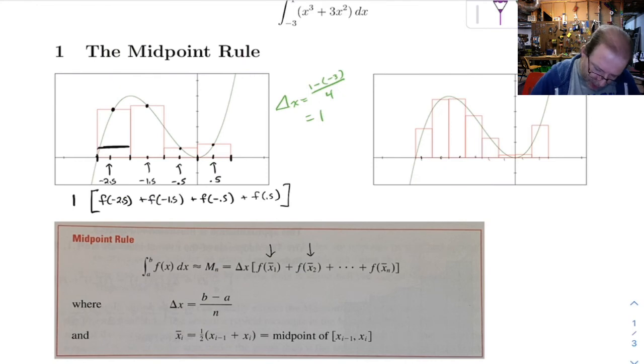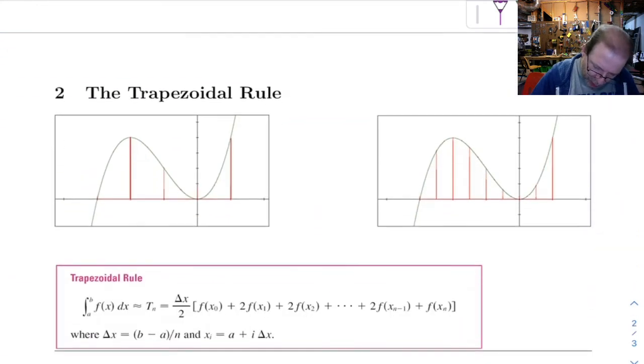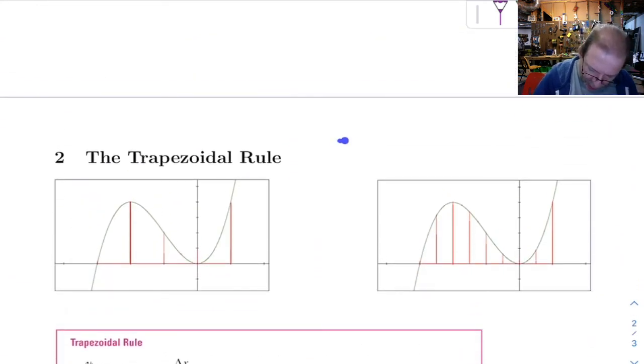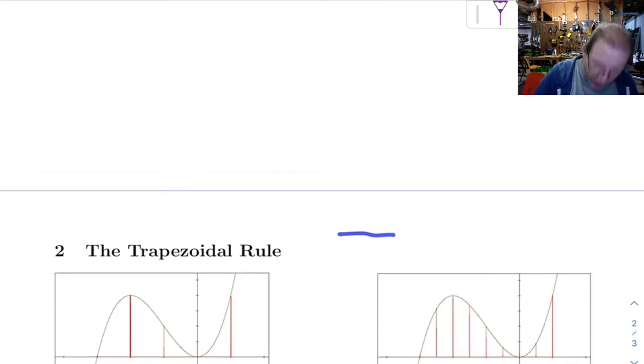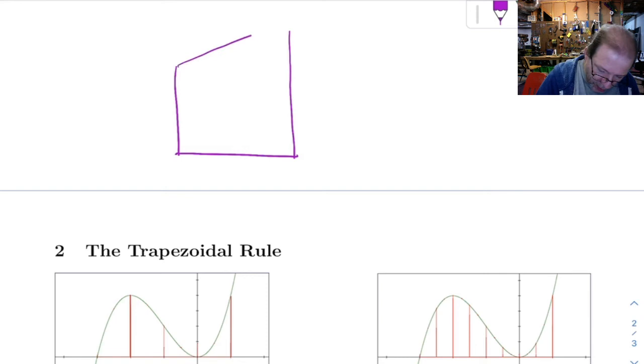All right, well, let's look briefly at the trapezoidal rule. A trapezoid is a quadrilateral that has 2 sides that are parallel, and the other 2 sides are not necessarily parallel.